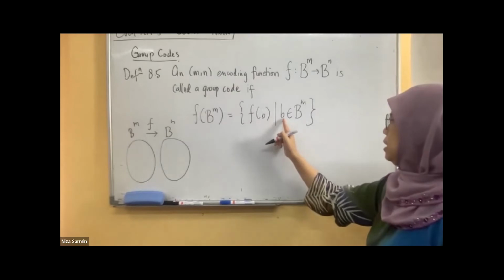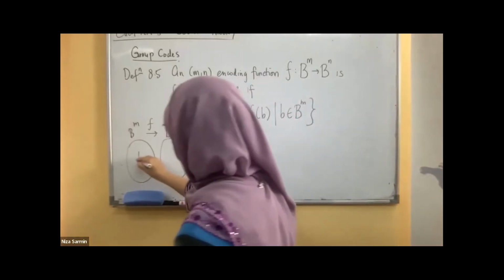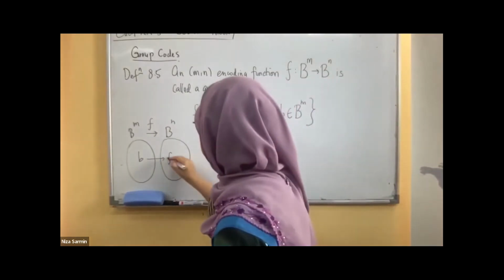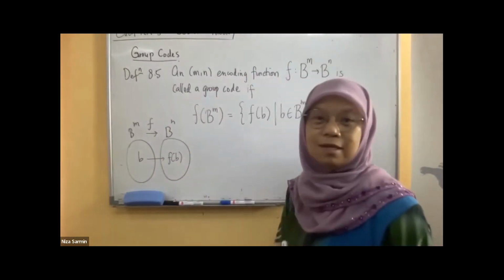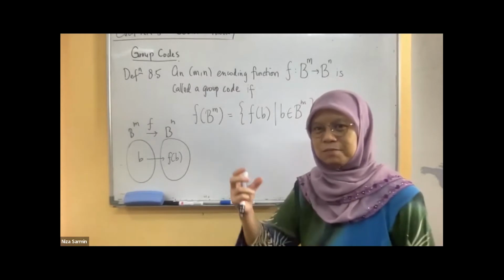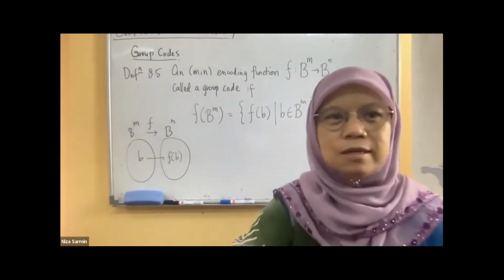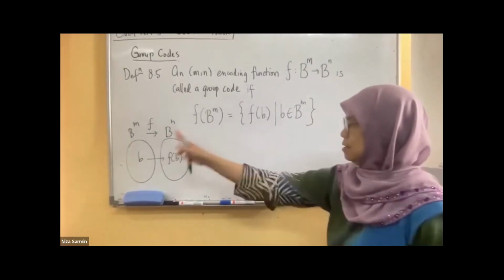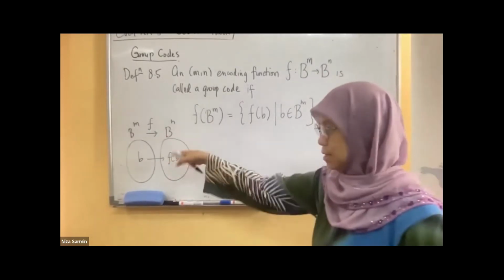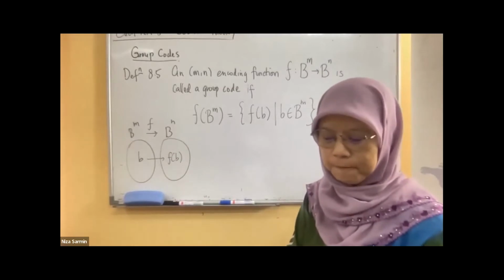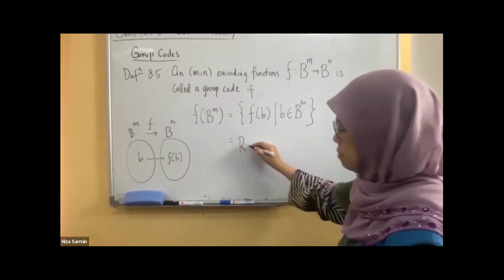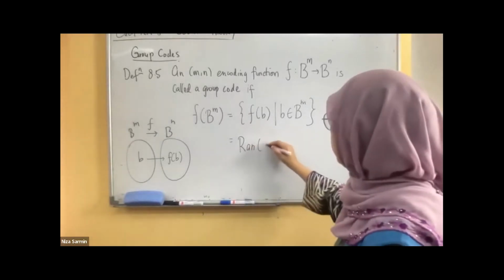If you have B in Bm, f will give you fb. You see how explanation is easy to understand graphically, right? This is what we call the range of f.